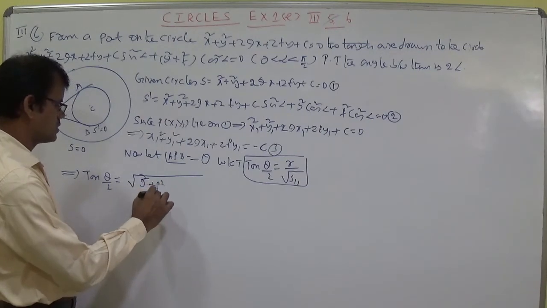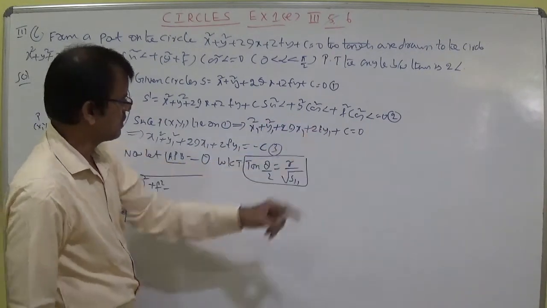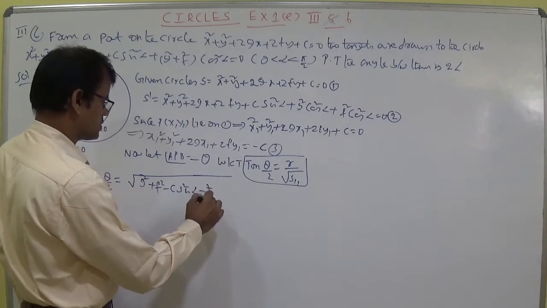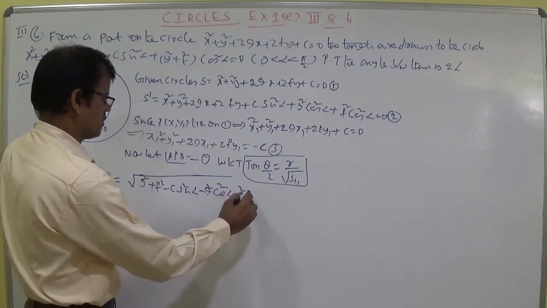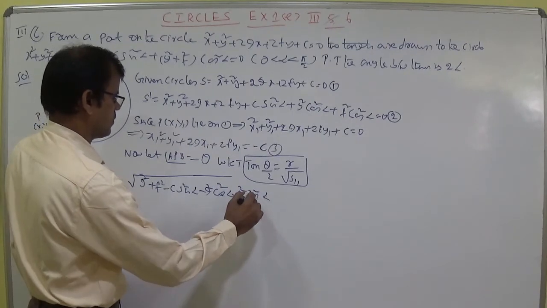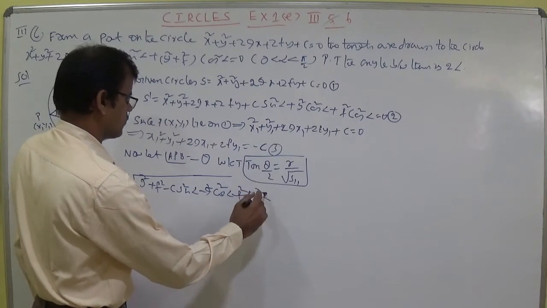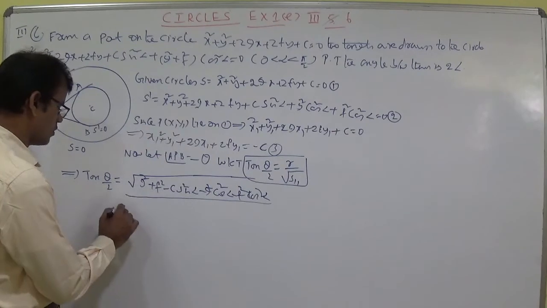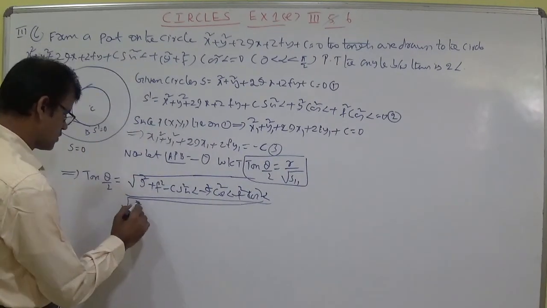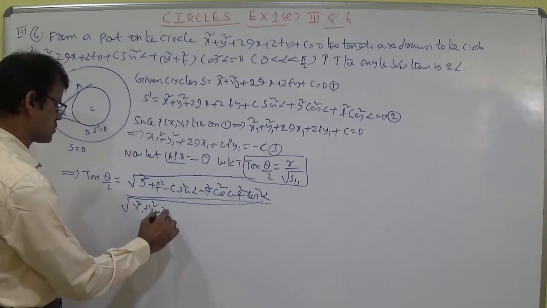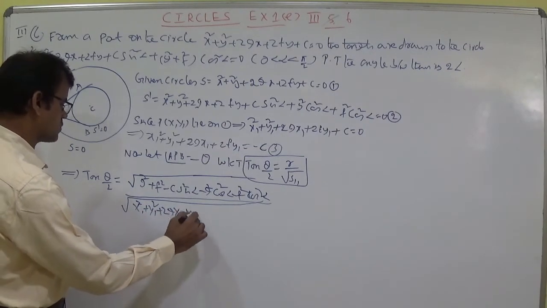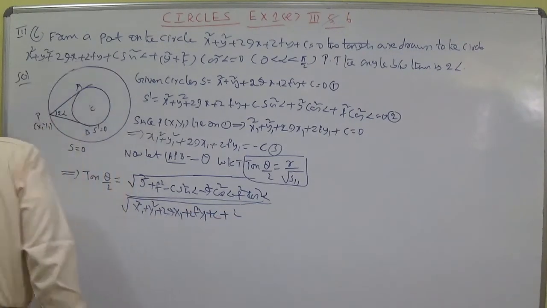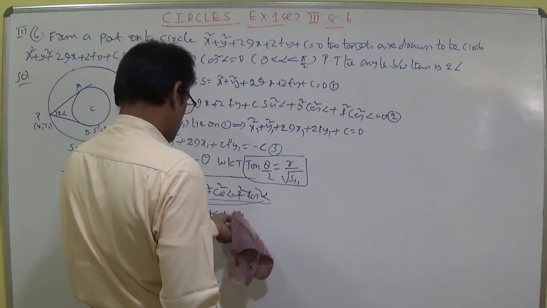Here, for the second circle, it is g square plus f square minus c sin square alpha minus g square cos square alpha minus f square cos square alpha, over root S11. For the second circle you should write full S11: x1 square plus y1 square plus 2gx1 plus 2fy1 plus c sin square alpha plus g square cos square alpha, everything you should write.